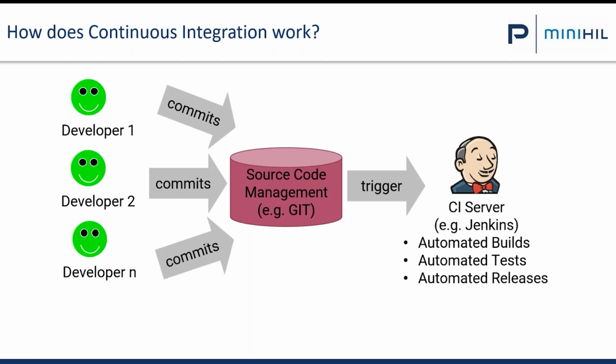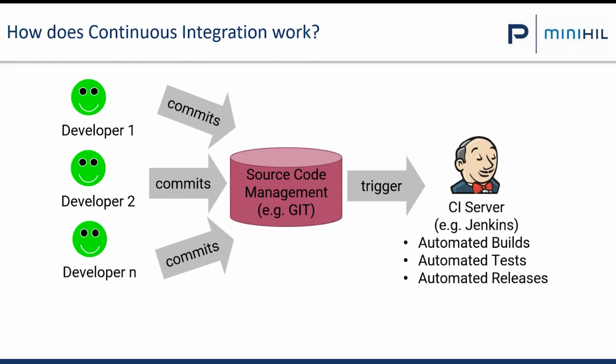The source code management triggers the change, for example in Git, triggers the continuous integration server. In this case, a Jenkins, which can be any kind of continuous integration server that suits your requirements. And the server checks out the last change, automates the build, automates the test, and automates the release.